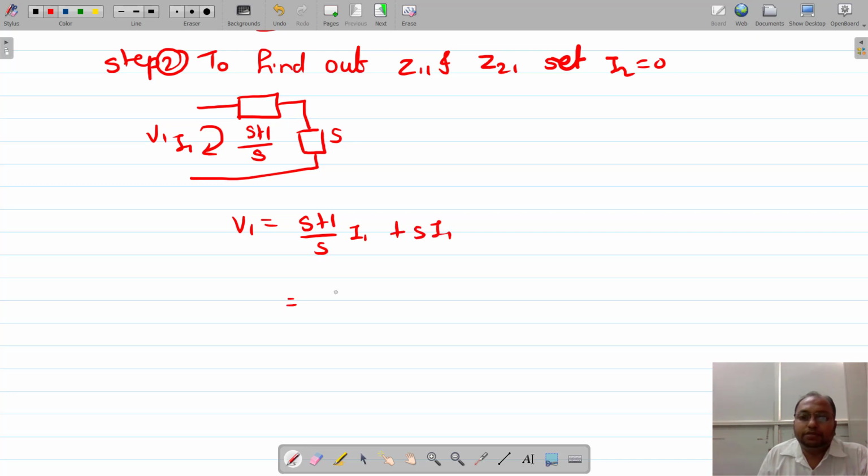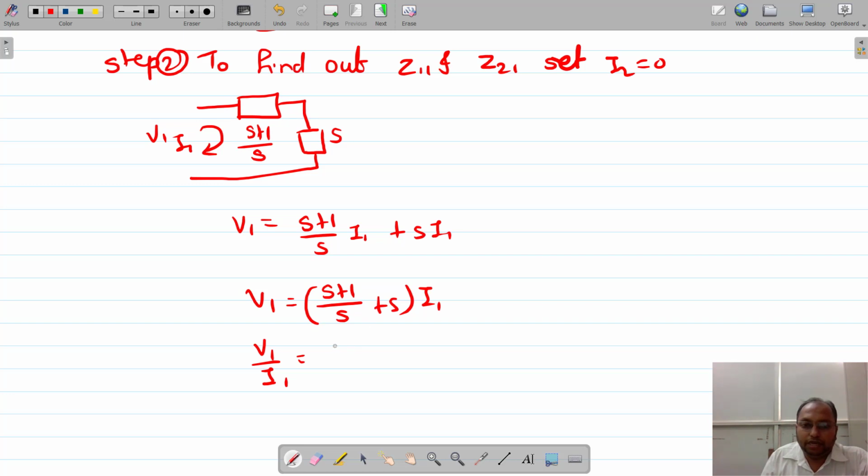Let us take I1 common and rearrange the equation. Taking I1 to the left hand side, it becomes V1 divided by I1. S plus 1 plus, now let us make the denominators common. We need to multiply and divide this S by S, so S square divided by S.